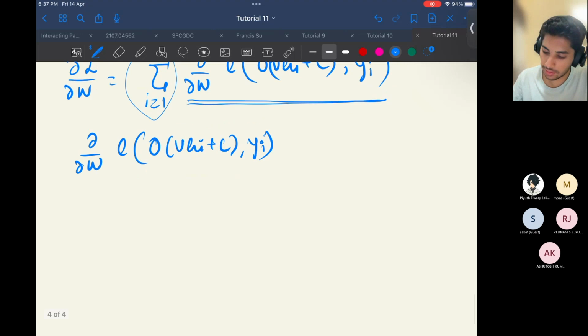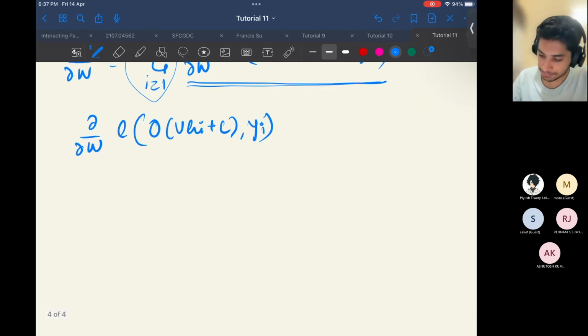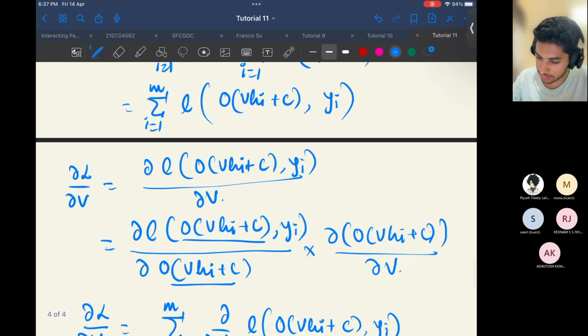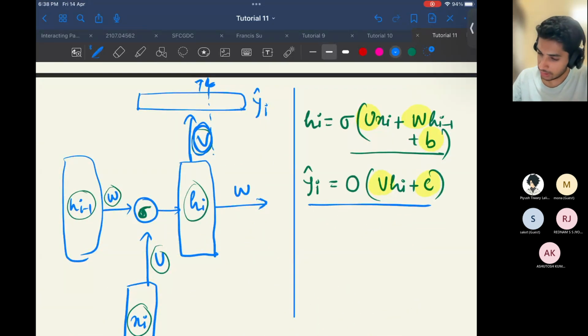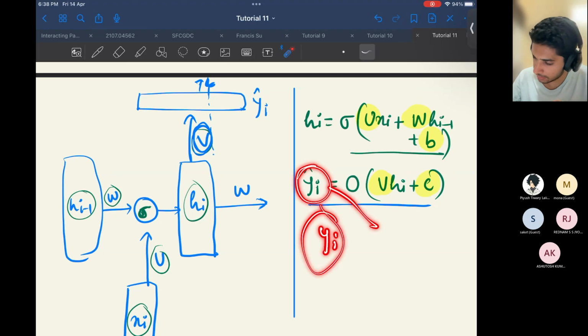Well, it is difficult because it is recursive. What do I mean by recursive? Let us open our minds. I have some yi hat and yi combined to make some loss function.